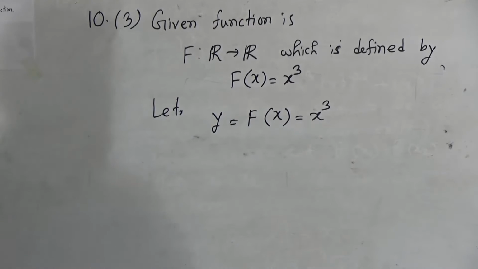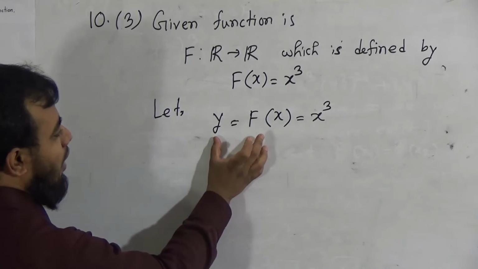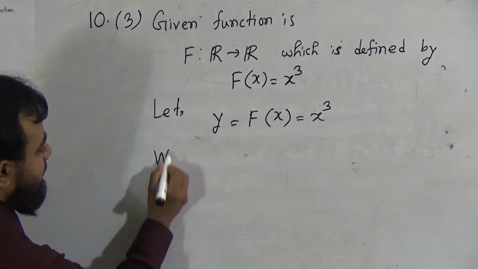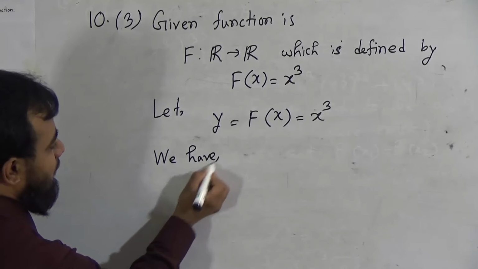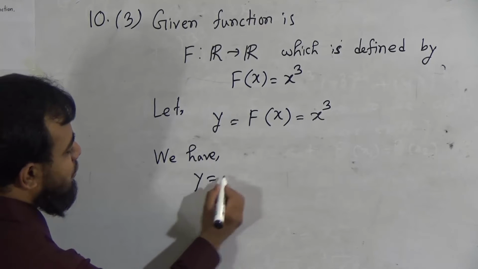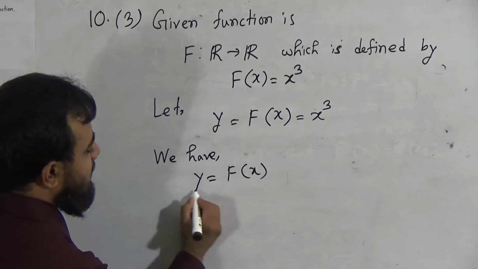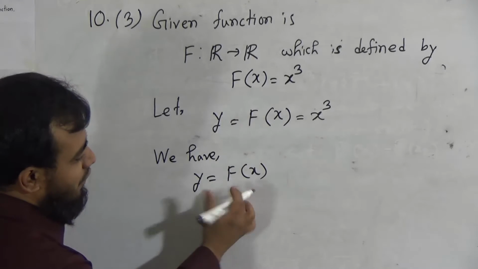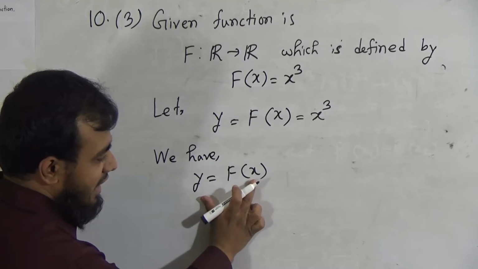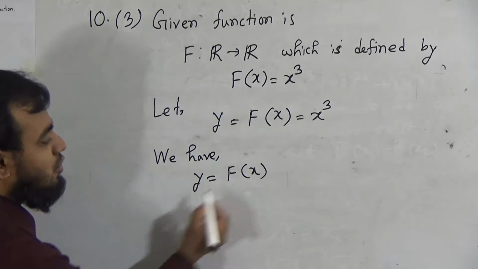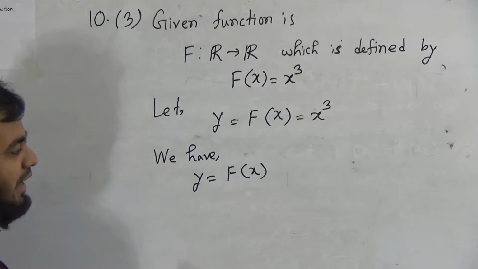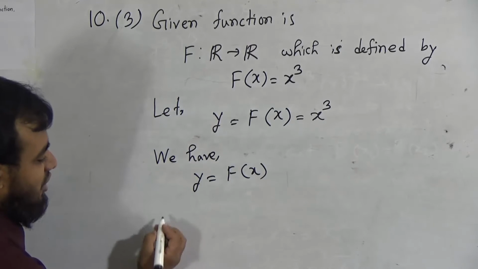From the first relation, y equal to f of x, my dear students, we need to find the value of x. That is why we should omit this f. To omit this f, we will multiply by f inverse on both sides of this equation.